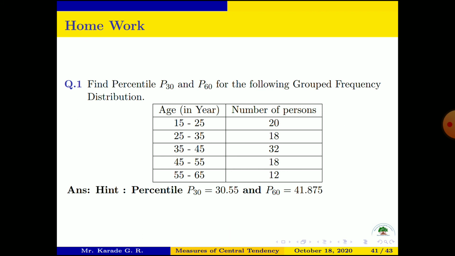There are 20 persons in the class 25 to 35 age. There are 18 persons, and the next class is from 35 to 45. There are 32 persons. For the next class 45 to 55 there are 18 persons, and for the class 55 to 65 there are 12 persons. So for this grouped frequency distribution, find out P30 and P60.